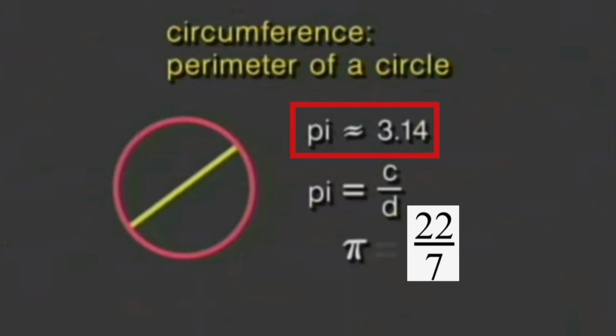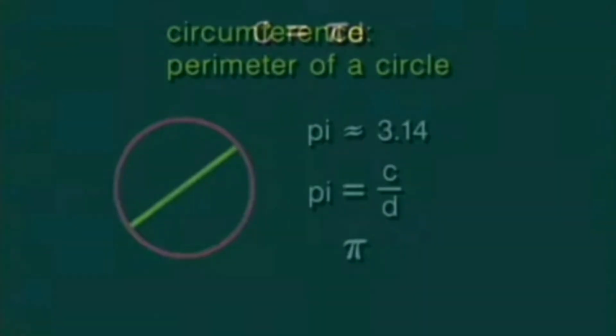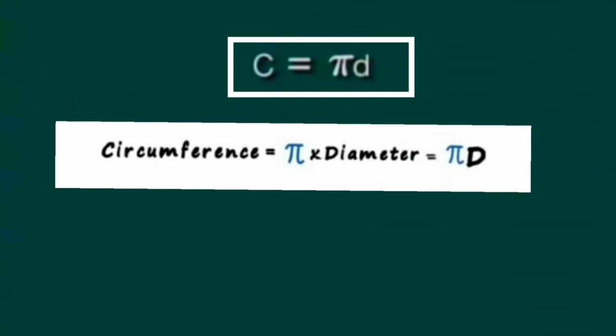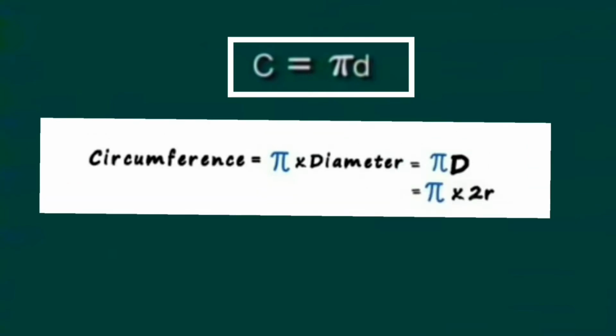If we call d the diameter, the formula can be written as pi multiplied by d. We can say the circumference of a circle equals pi multiplied by the diameter, which can also be written as pi multiplied by 2r, because the diameter is twice the radius.